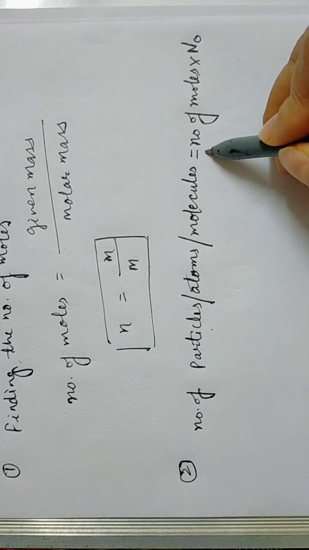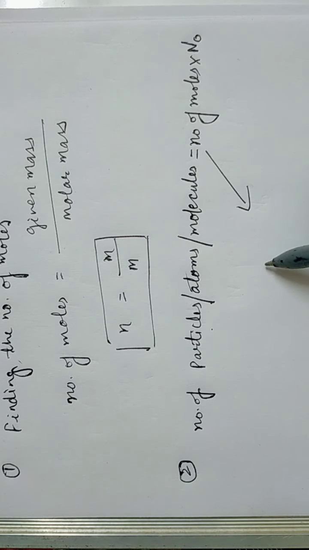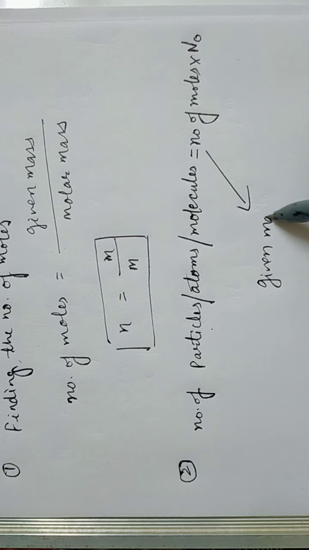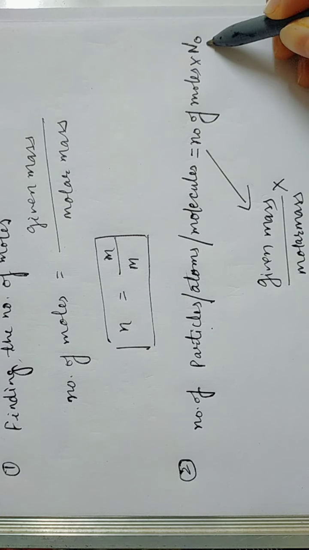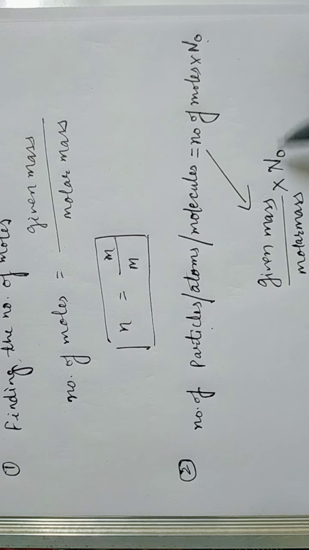And as we know, the number of moles is equal to given mass upon molar mass, and then multiply with the Avogadro number.